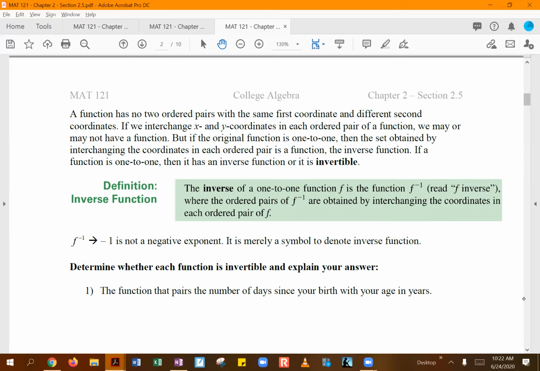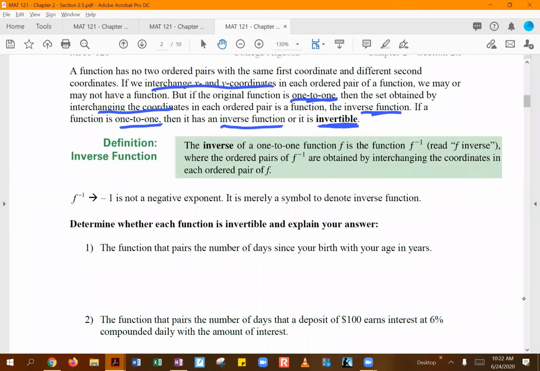Now we are saying if we interchange the x and y coordinates in each ordered pair, we may or may not have a function. However, if your original function is one-to-one, then by interchanging your coordinates, you can find the inverse function. So we can say if the function is one-to-one, it has an inverse function, or we say the function is invertible, which means you can find its inverse.